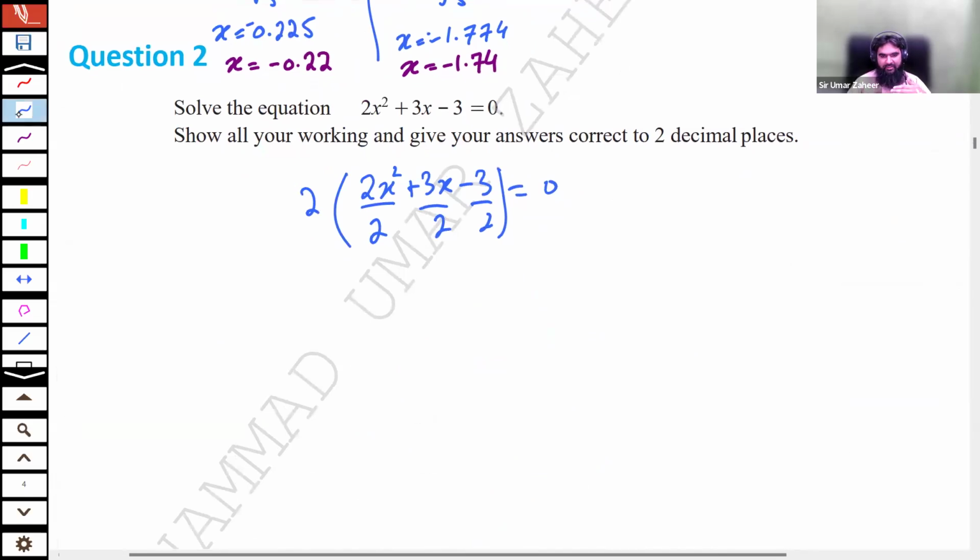I'm multiplying by 2 as well as dividing by 2 with each term. So the equation I'm going to get will be x square plus 3 over 2 minus 3 over 2.